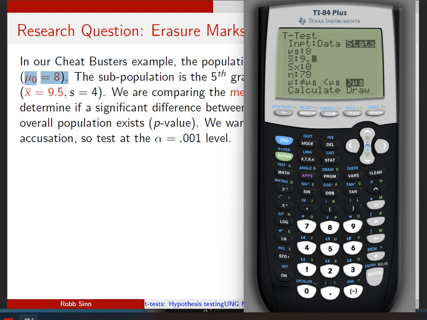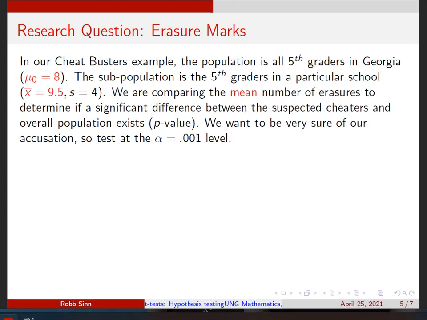So 9.5 is my X bar, and my standard deviation is 4. And my sample size, if you remember, is 117. Okay. And I am interested in a greater than alternative hypothesis.